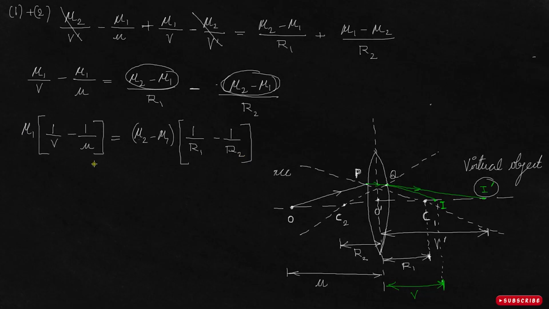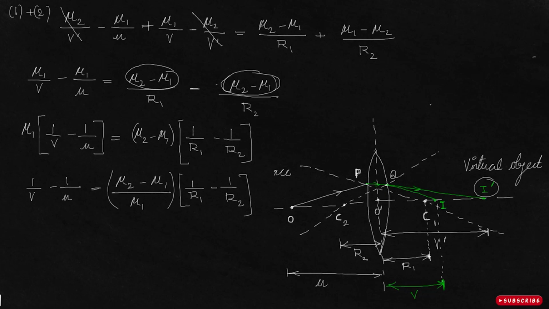Now take this mu1 to the right hand side. So 1 by V minus 1 by U is equal to mu2 minus mu1 upon mu1 into 1 by R1 minus 1 by R2. Now remember, we have 1 by V minus 1 by U is equal to 1 by F. This is called the thin lens formula, where F is the focal length.